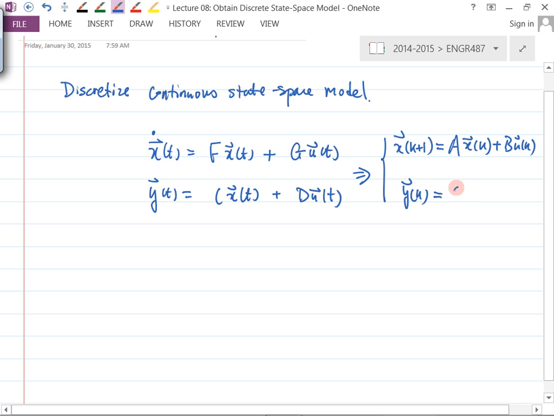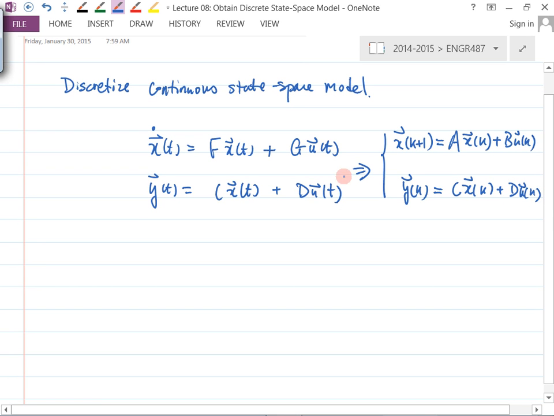As we're going to see, c is not going to change, and d is not going to change. So to get this from continuous to discrete is basically to find a and b in terms of this f and g here. That's the process we call the discretization process.